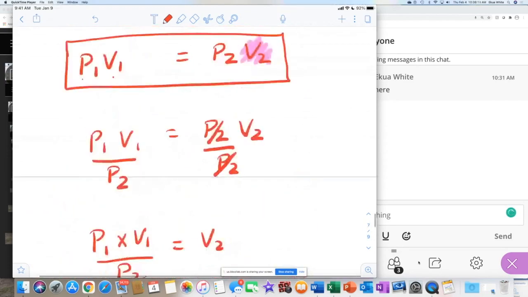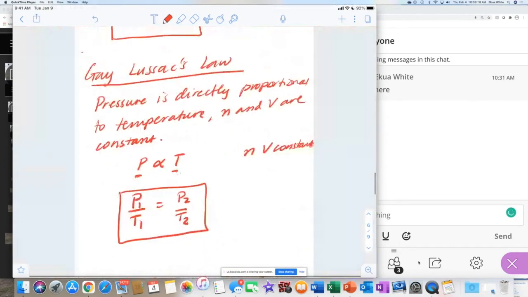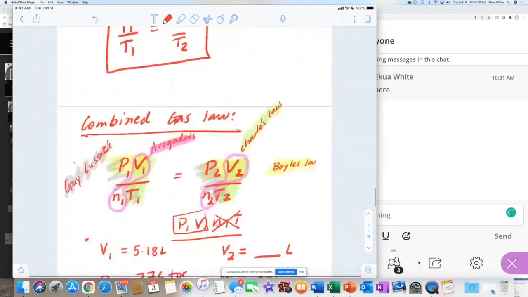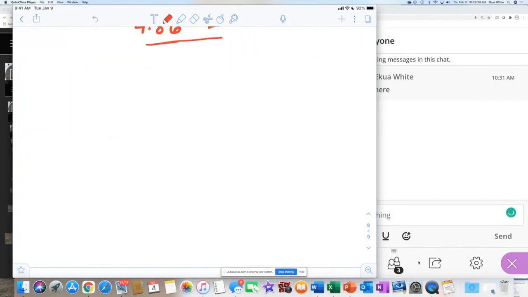So remember, for the equations that you have, make sure you have all the equations here. So real quick, because y'all haven't said anything in a while, for the equations, P1 V1 equal P2 V2. This is Boyle's law.